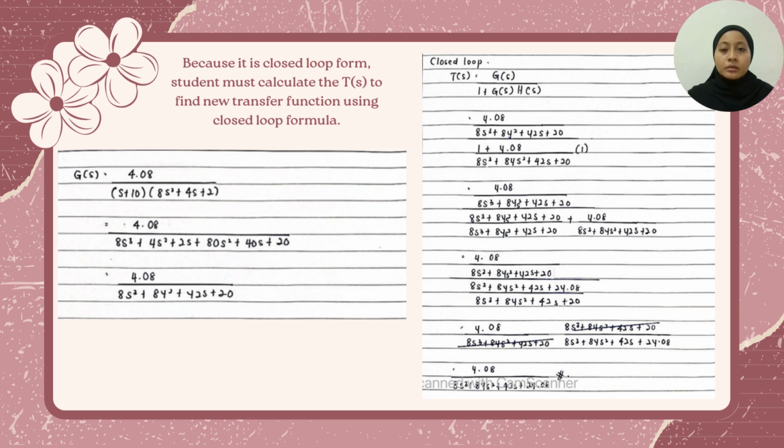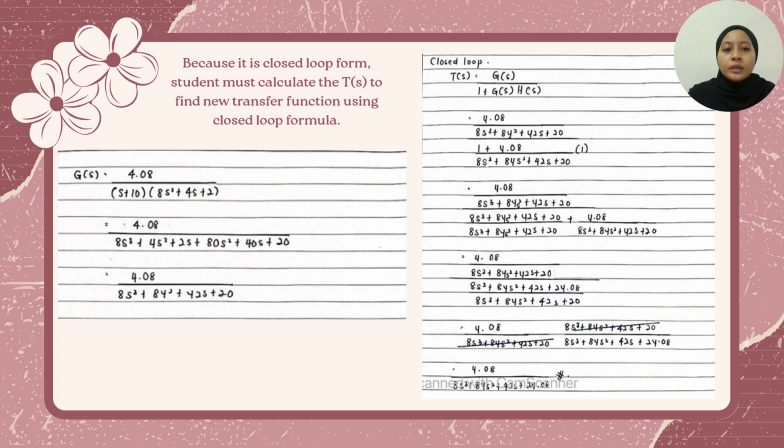Because it is in closed loop form, students must calculate T(s) to find the new transfer function using the closed loop formula. G(s) is 4.08 divided by (s plus 10)(8s squared plus 4s plus 2), which equals 4.08 over 8s cubed plus 4s squared plus 2s plus 80s squared plus 40s plus 20.